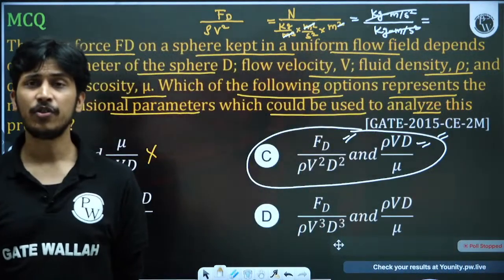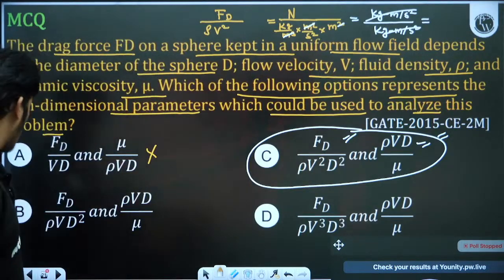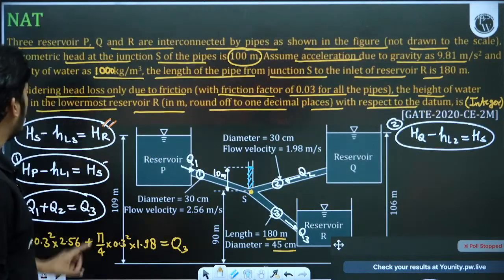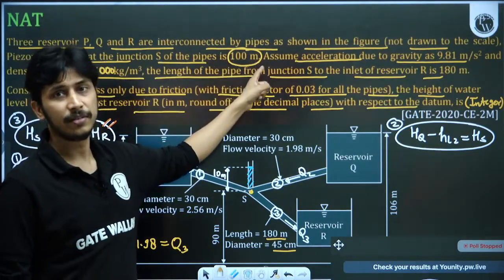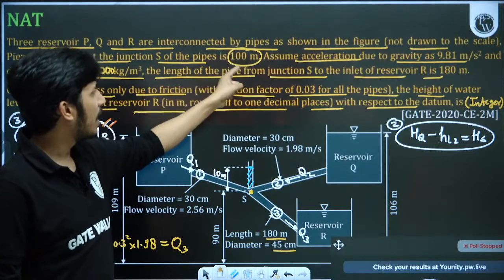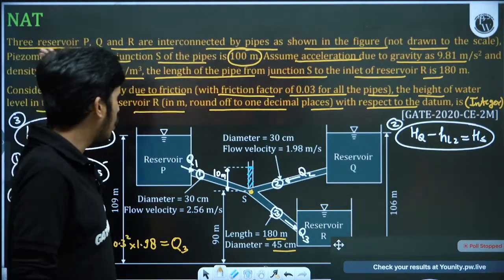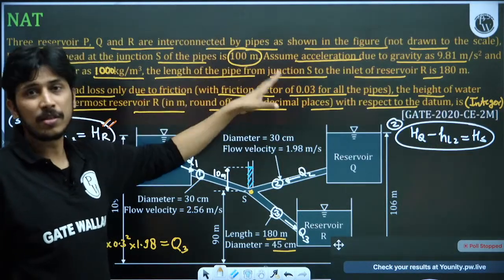Then the previous question, head at S is 100. Yes, it is given in the question. You can see the piezometric head at the junction S in the pipes is 100 meter. I have also marked a circle here in the whole question, and that you have also missed.